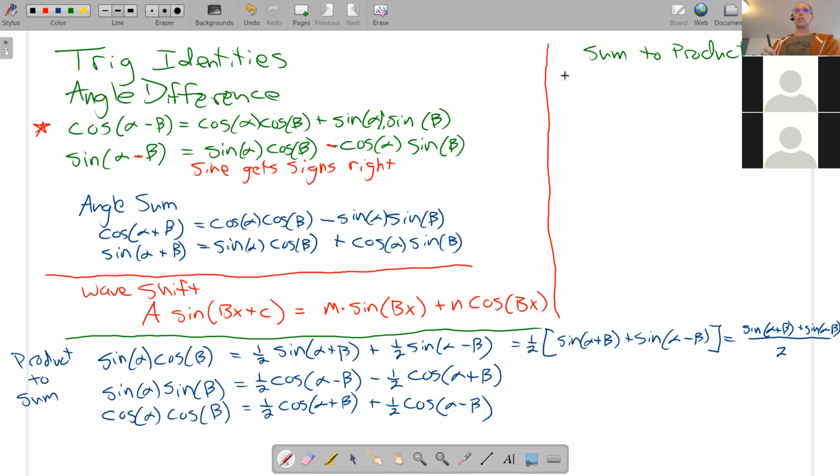All right, so combinations for a sum to product. We could have a sine. Here we're going to use u and v plus another sine. One option. We could have a sine minus a sine. We could have a cosine plus a cosine. And we could have a cosine minus a cosine.